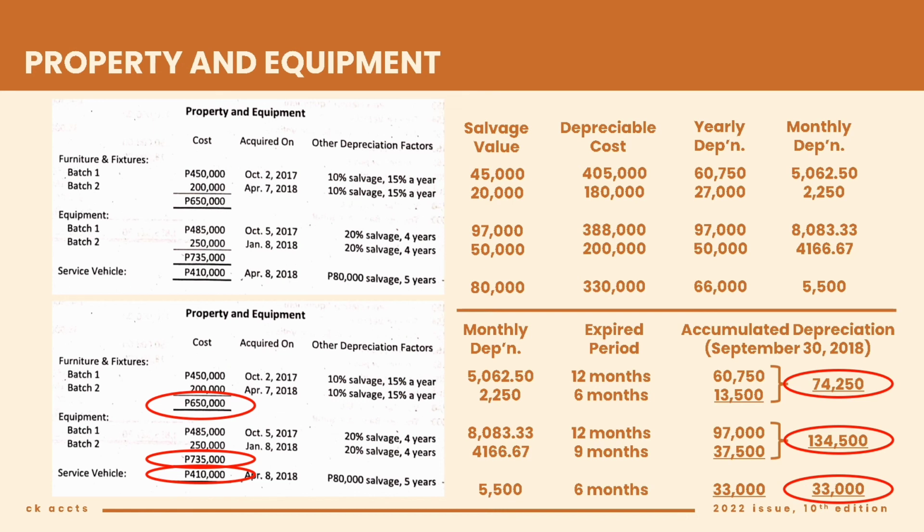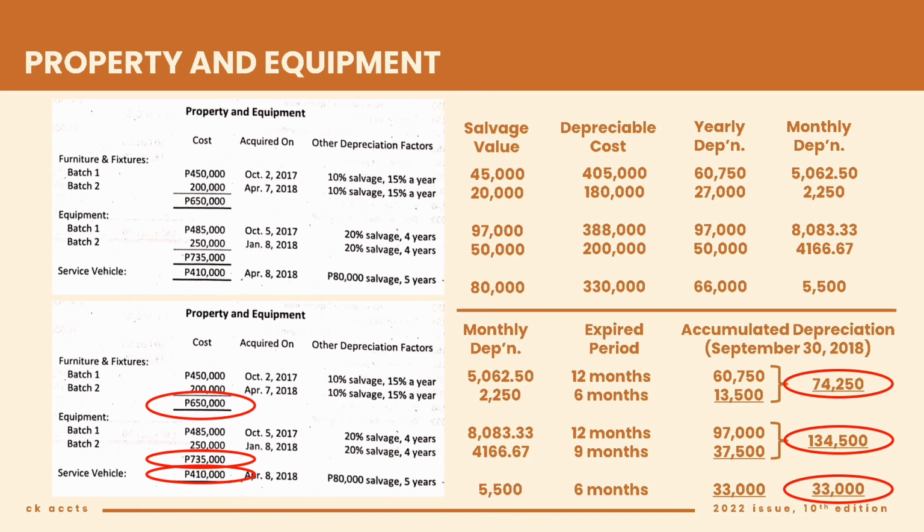So, yung total cost ng furniture and fixtures, equipment, service vehicle, as well as the accumulated depreciation, binilugan ko sila dito because titignan natin kung tama ba sila or align ba sila doon sa post-closing trial balance natin na record. Okay?